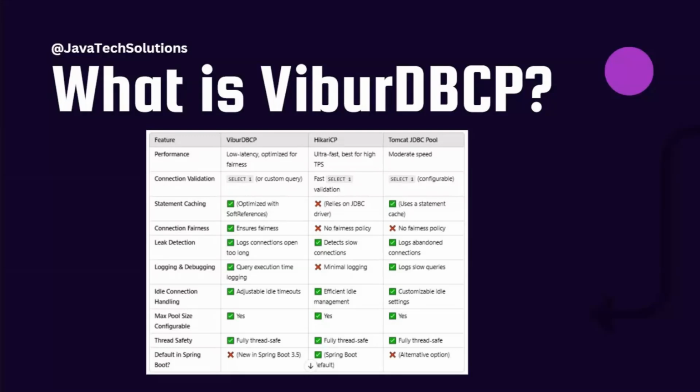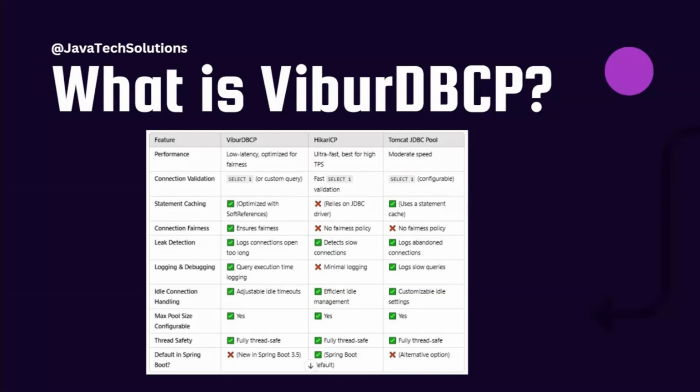Unlike pools that focus only on speed, it also provides statement caching for optimized query execution, SQL query logging for debugging slow queries, and fairness in connection handling to prevent connection starvation. It's also seamlessly integrated with Hibernate and Spring Boot. In Spring Boot 3.5, ViburDBCP is officially supported, allowing easy configuration with Spring data source.